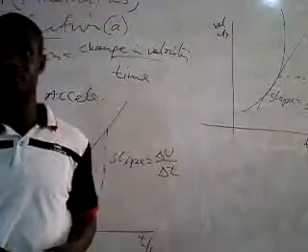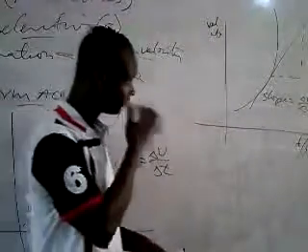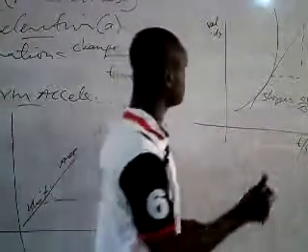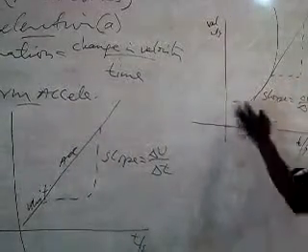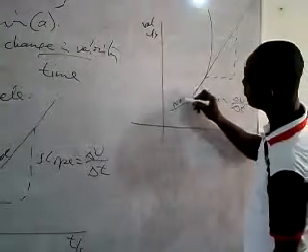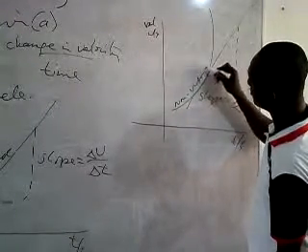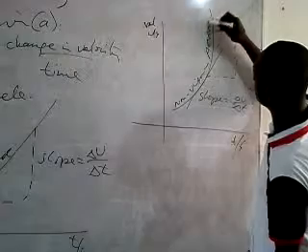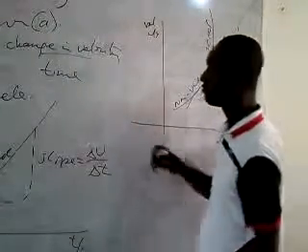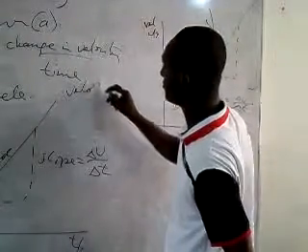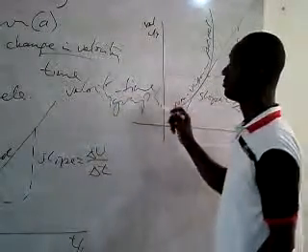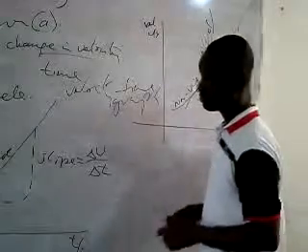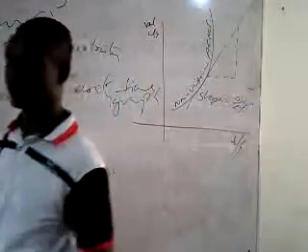And this graph is also called velocity time graph. And we saw displacement time graph last time we met.